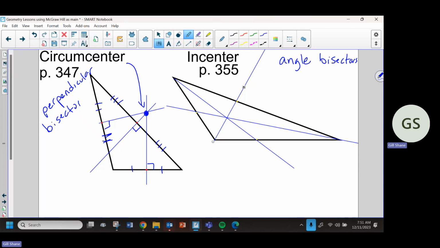So if I just say, using the figure below, where you see an incenter, solve for x, and that's all you get, well, you then have to know, okay, for an incenter, we bisected angles. Well, if we bisected angles, all of these are congruent. And then from that, you'd probably be able to figure out some kind of an equation.